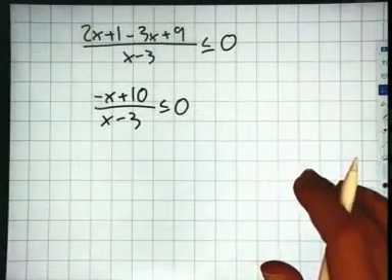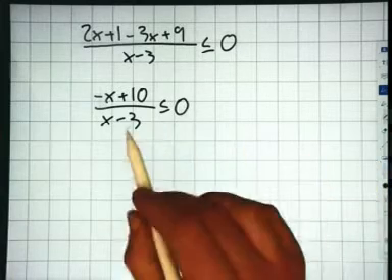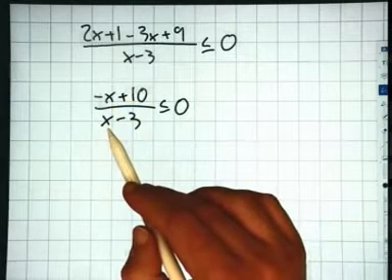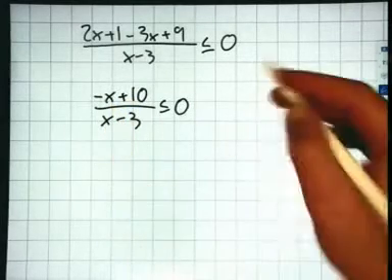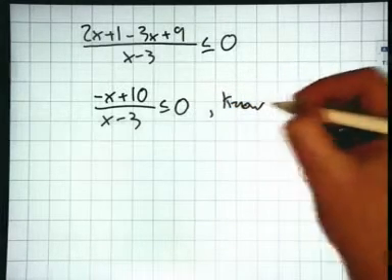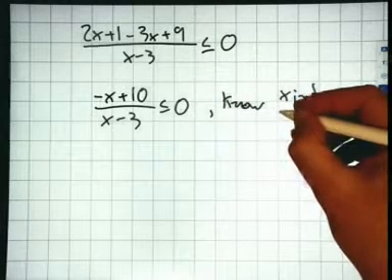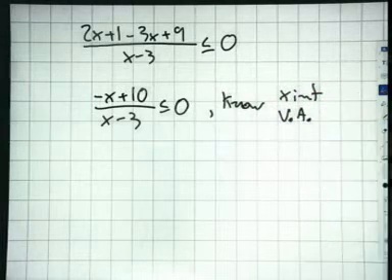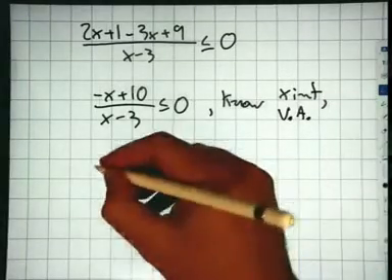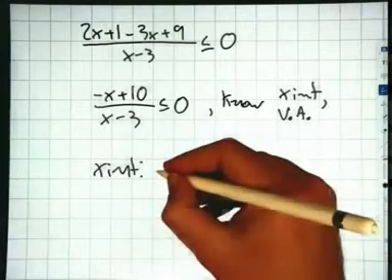Now, at this point, because we're dealing with a rational function, how do we know that this is rational? Because it's a fractional expression with a variable in our denominator. We want to know what are the x-intercepts and what are the vertical asymptotes. We need to know these two things. So to find the x-intercepts, how do we find x-intercepts?